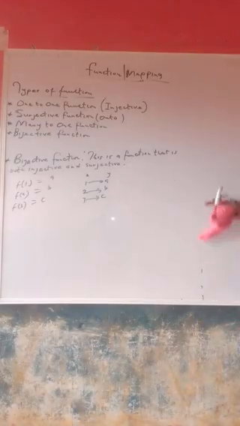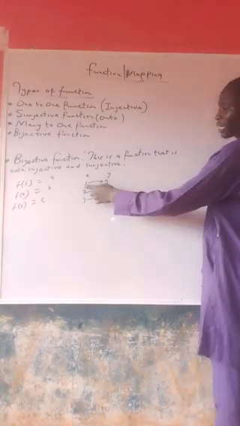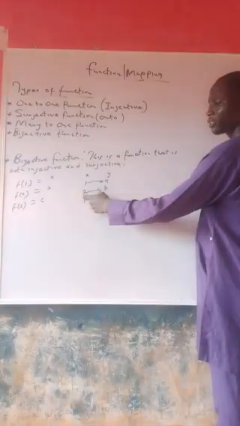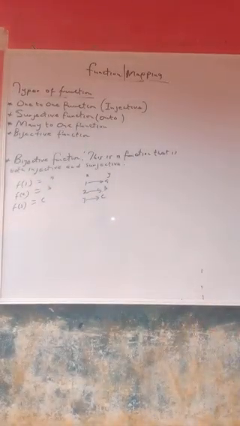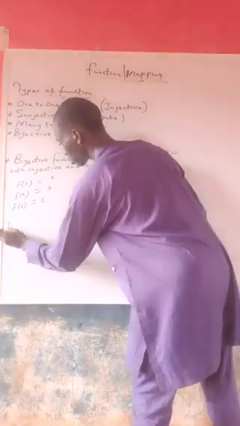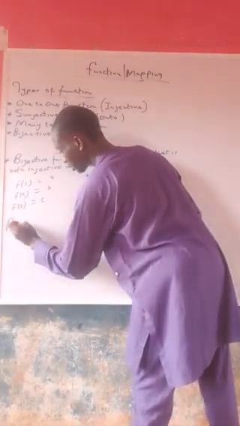And for the second one, the surjective function says that every element of the codomain must have at least one pre-image in the domain. A is having at least one pre-image, B is having at least one pre-image, and C is having at least one pre-image. So that tells us that this kind of function is bijective. And this is the property.